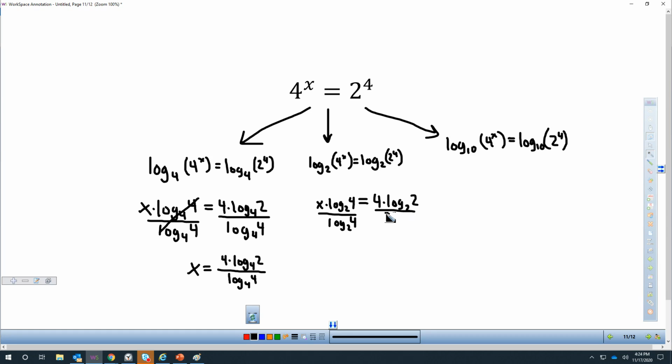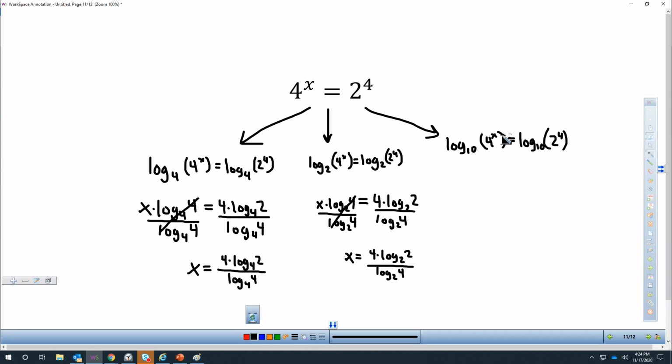So I'm going to divide it on both sides, and it will cancel out here, and I will get x equals 4 times log base 2 of 2 divided by log base 2 of 4.